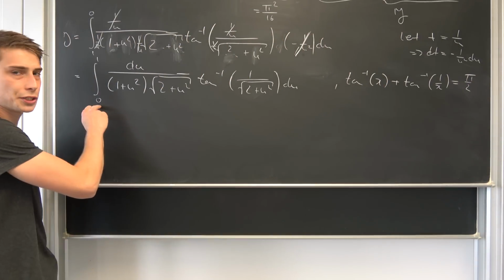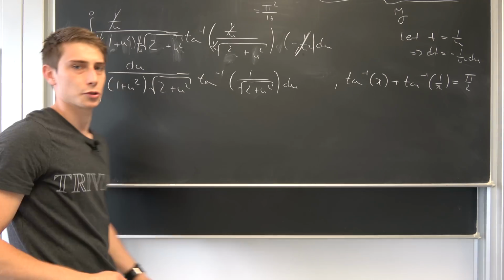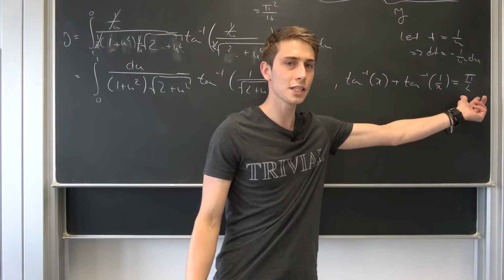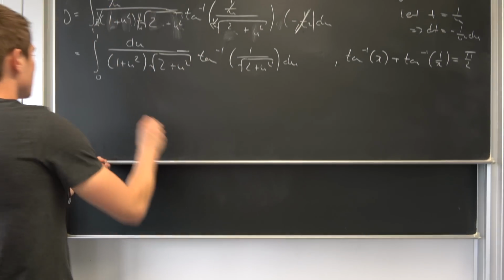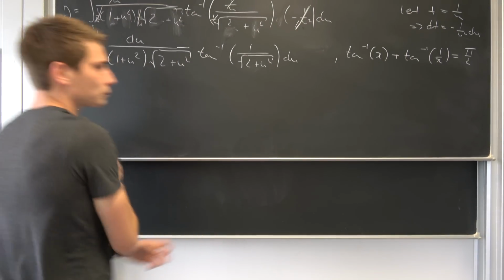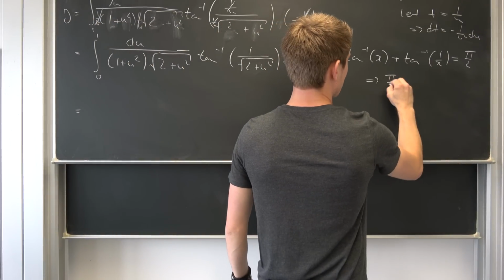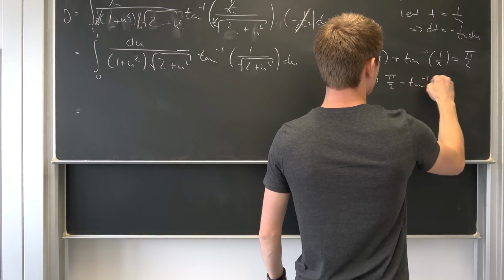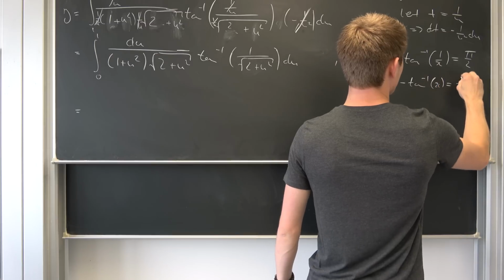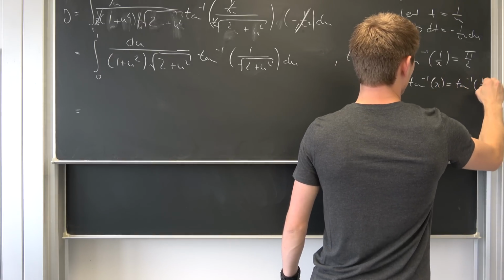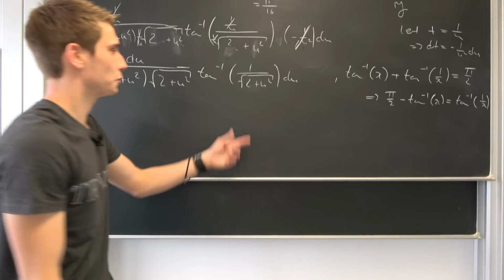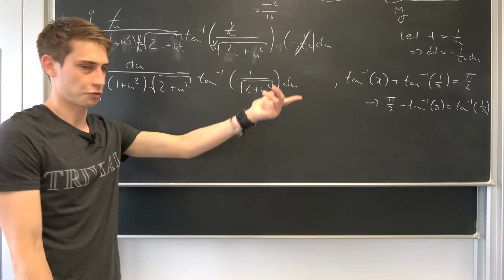And you see our u is exactly in the interval from 0 to 1, so that's positive. So this holds exactly. We can solve this: pi over 2 minus the inverse tangent of x is nothing but the inverse tangent of 1 over x. We are going to make use of this fact right here.